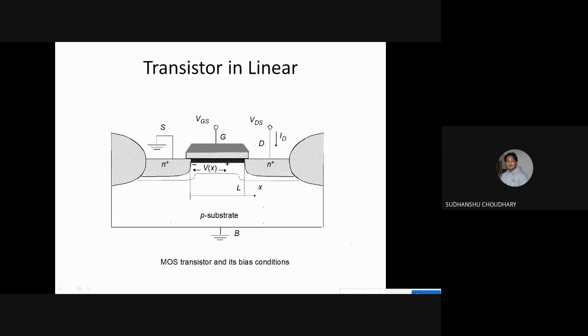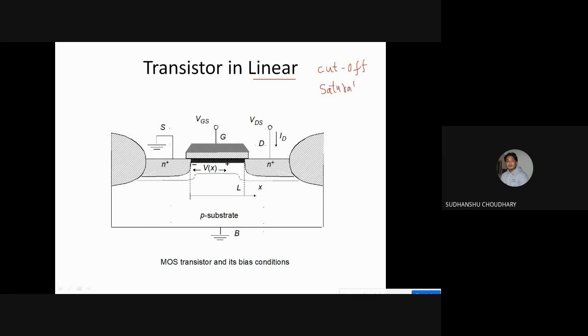Now there are three regions of operation in a MOSFET. One is the linear region, then the cutoff region, and the third one is the saturation region.